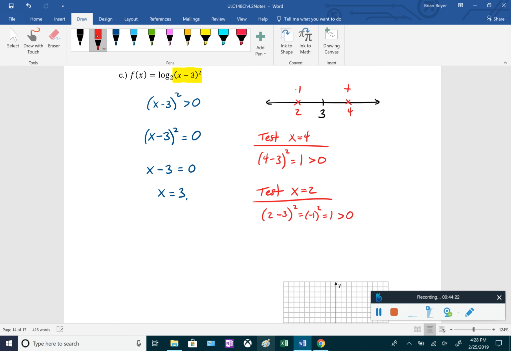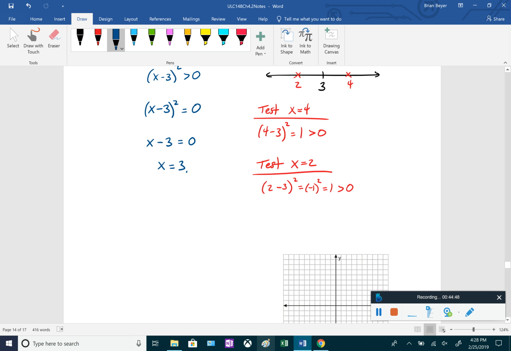So that is also positive. So when I had this set up, we got x is greater than 3. The other part of the domain that we would have been missing is x is less than 3. It's because of that squared, because anything x minus 3, even when it's negative, when we square it, it's going to end up making it positive.